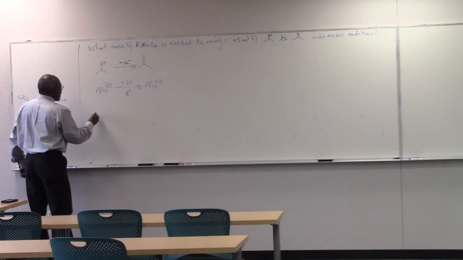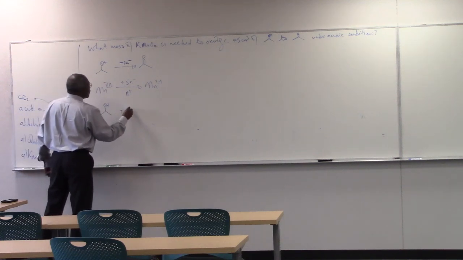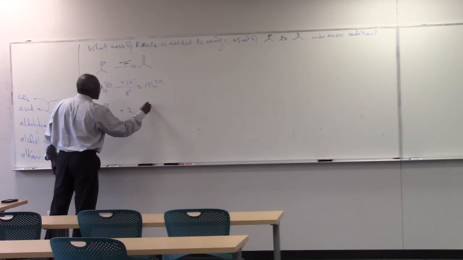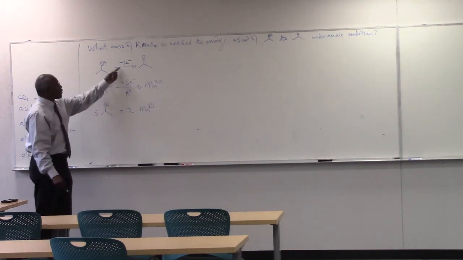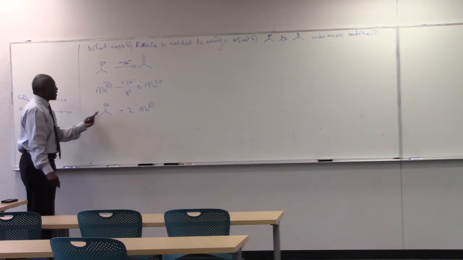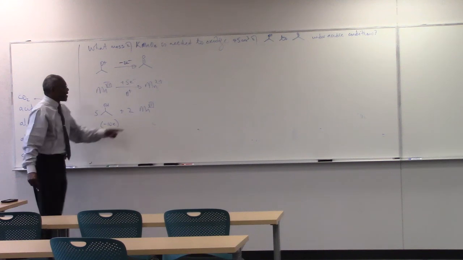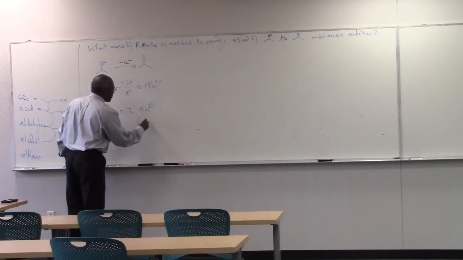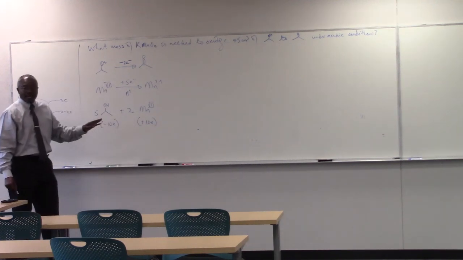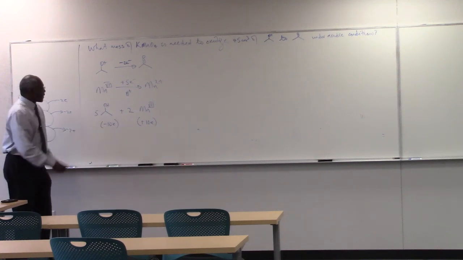That means 5 of the alcohols will need 2 of the manganese 7s. Never hurts to double check. Each alcohol loses 2. Collectively, 5 will lose 10 electrons. Each manganese 7 gains 5. Collectively, 2 of them will gain 10 electrons. It must be that way. The number lost and gained must be the same.